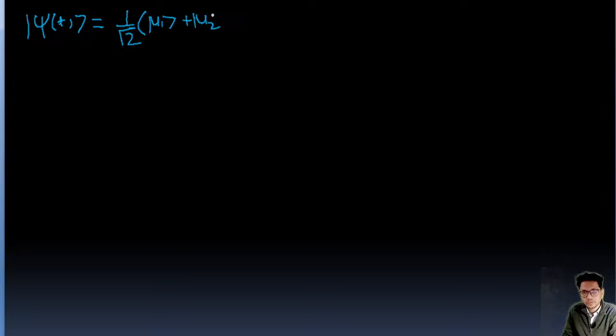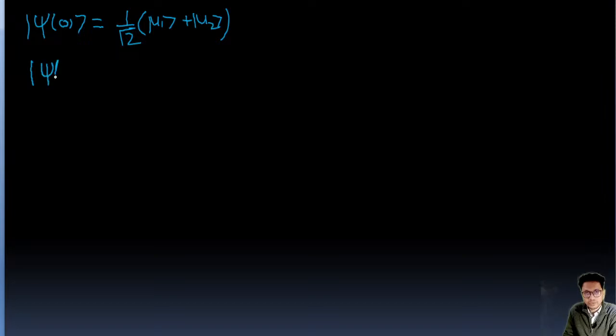First, we'll write whatever is given in the question, that is psi 0 is given, this is 1 upon root 2 (u1 plus u2). Now we know how to find psi t.